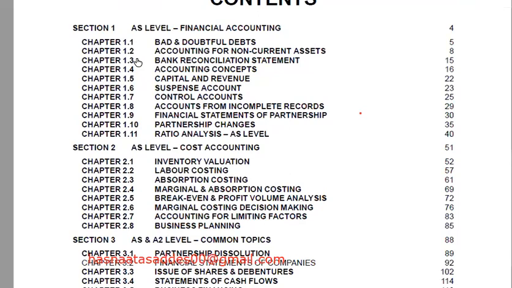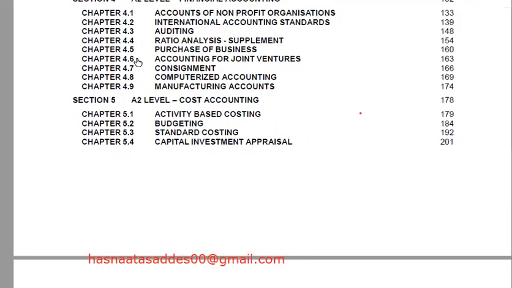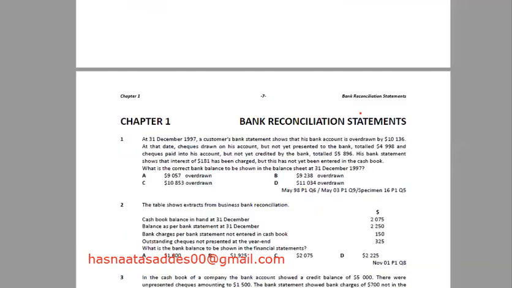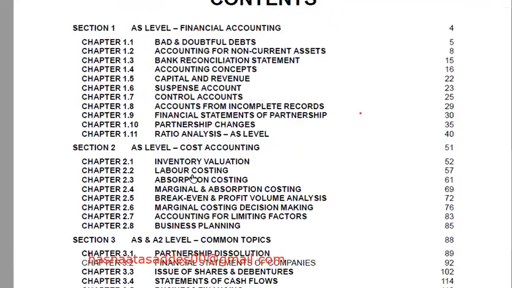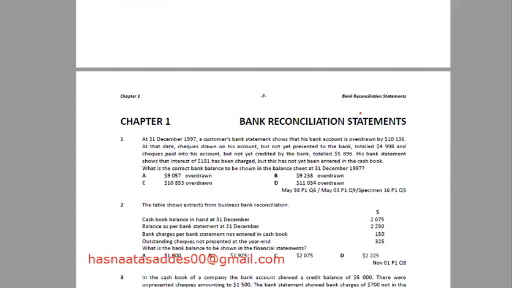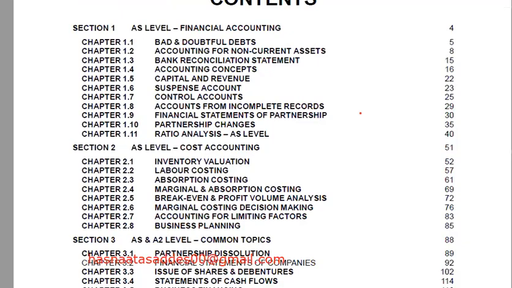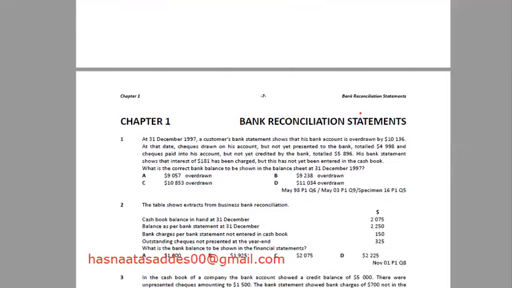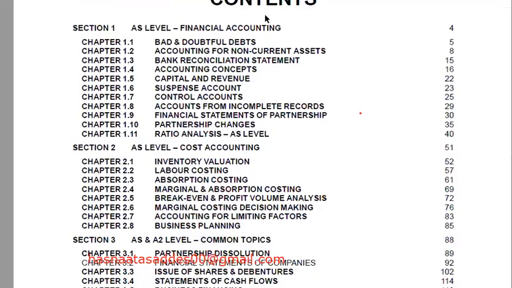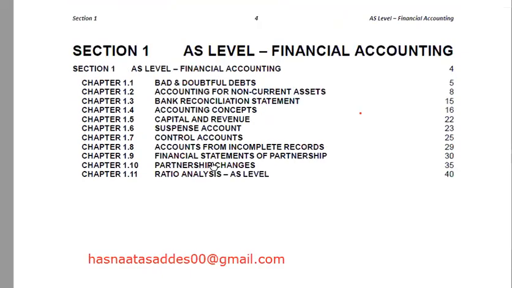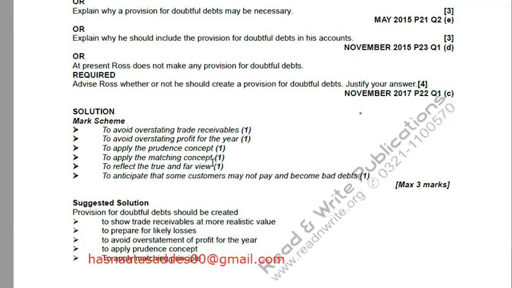If you have basic knowledge, you can easily go and you can study. Here you can see the first topic is bad debts and doubtful debts, but here bank reconciliation, written by the same author. So the analysis is, let me check all these topics in detail.